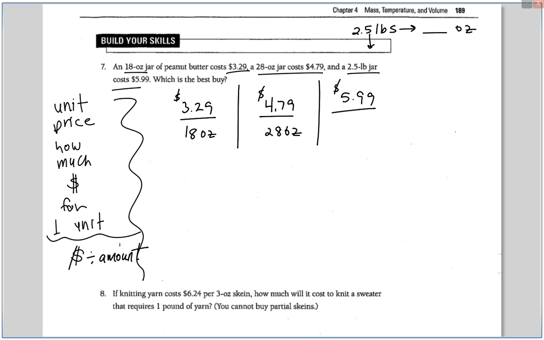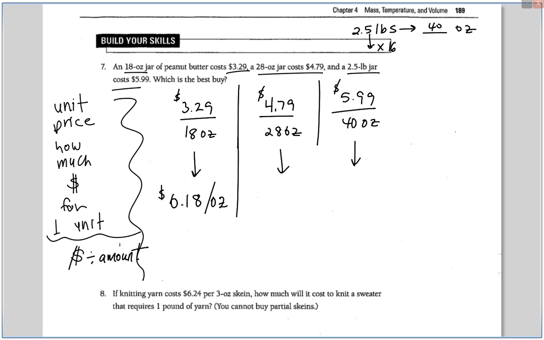We know that there's 16 ounces per pound, so 2.5 times 16, I'll get 40. So that would go down here: 40 ounces is the same as 2.5 pounds. Do these divisions in your calculator. So 3.29 divided by 18 is 0.18, and it's dollars per ounce.